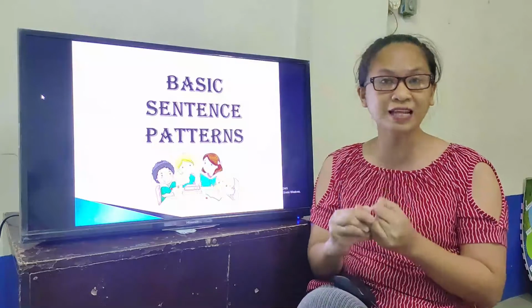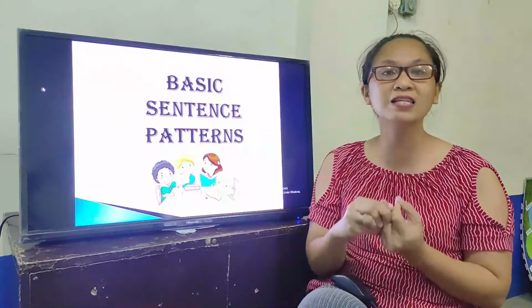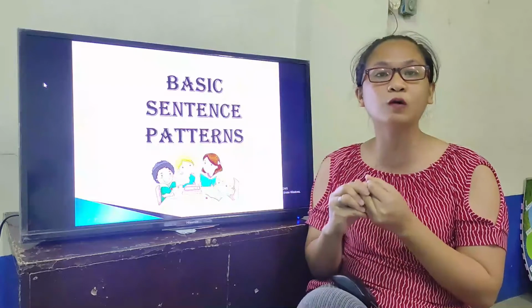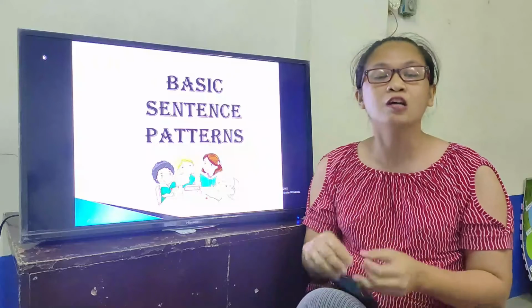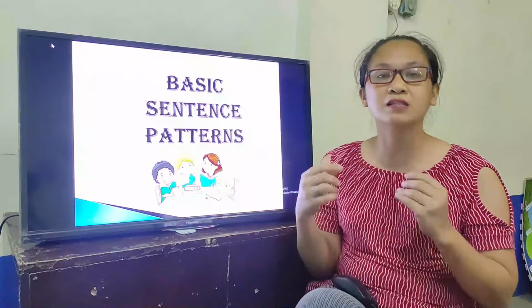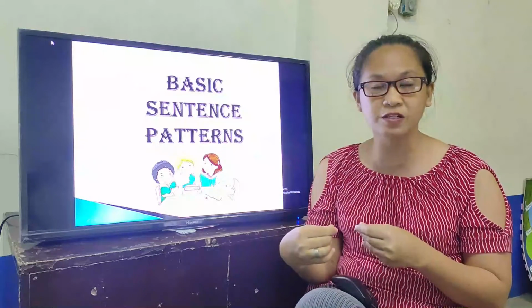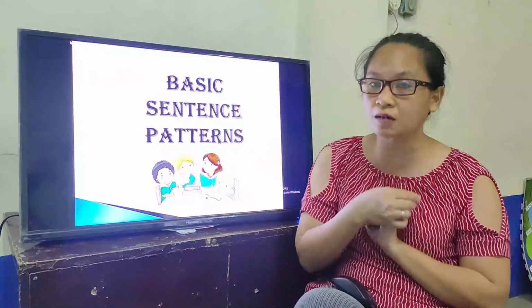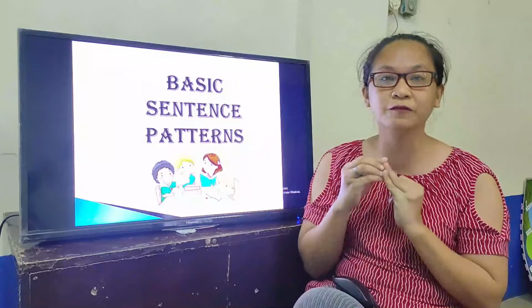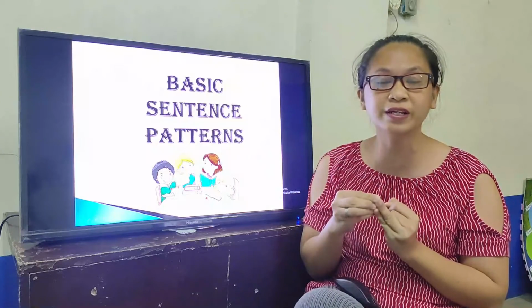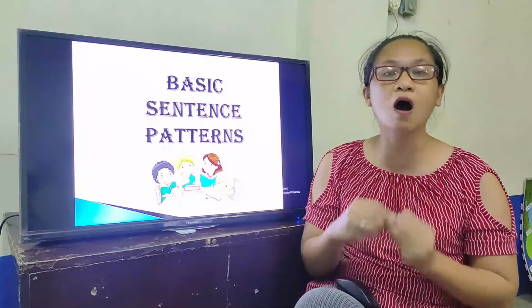The second one is the SVO pattern, or what we call the subject-verb-object pattern. There should be a subject, a noun or a pronoun, plus the verb, which is the action word, plus the object.